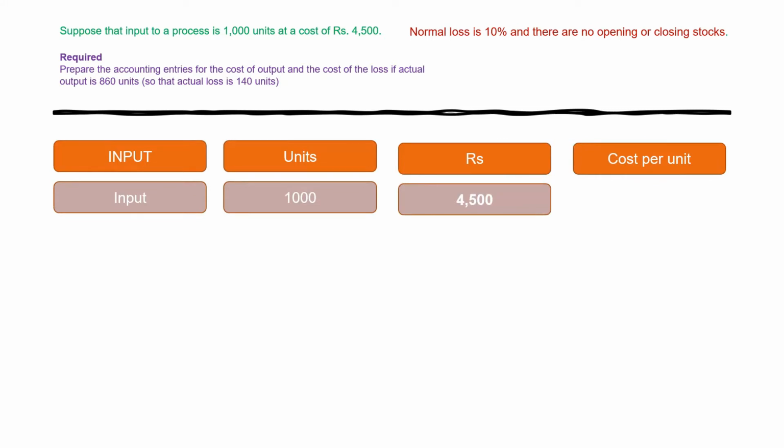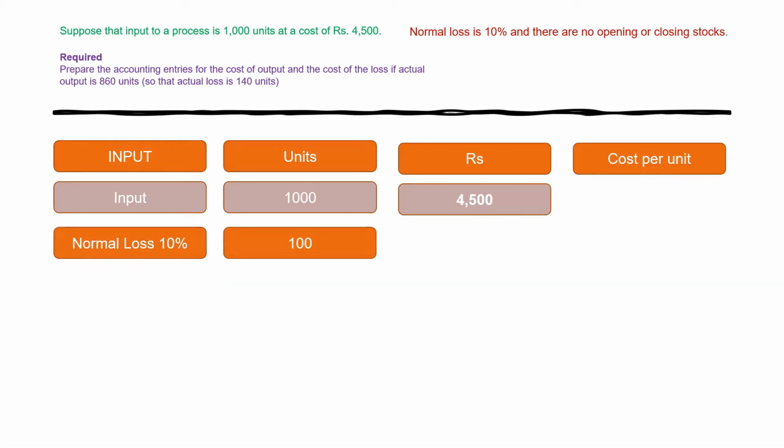Then the normal loss is 10%. So 10% on 1000 units will be 100 units. Usually for the normal loss, the cost is not allocated.